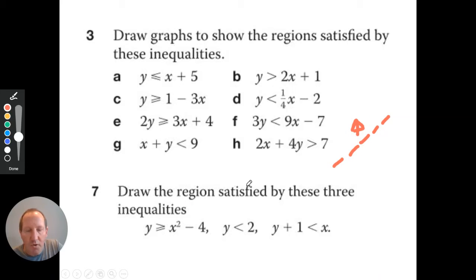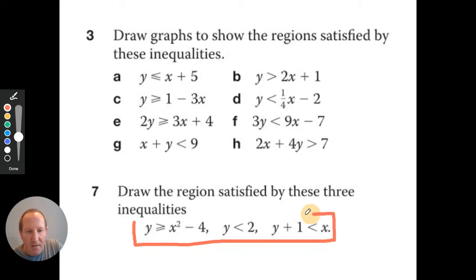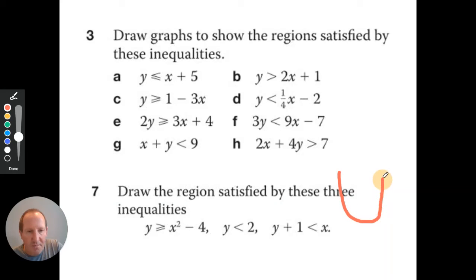Okay, I'll now actually draw those for you, and that'll be done on the wonderful camera. But before, just talk about this example. This is one where it's going to be back like the previous slide. We'll end up drawing a quadratic for the y equals x squared minus 4.